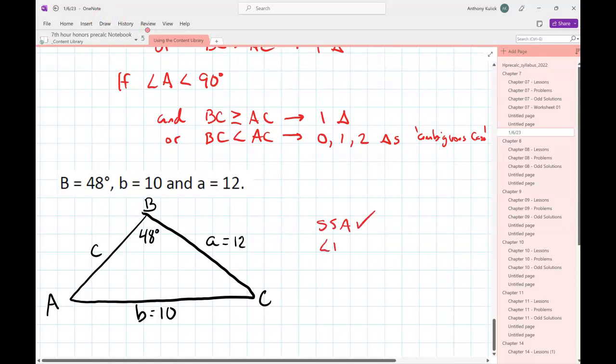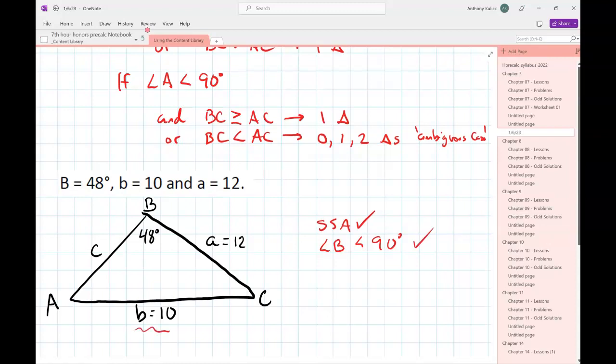So now we need to check that given angle. Well, that angle's acute. Okay. Then we need to compare the side opposite my given angle to the other side that's given.